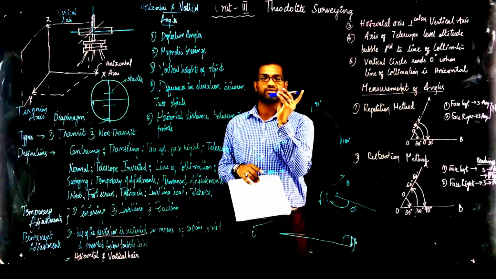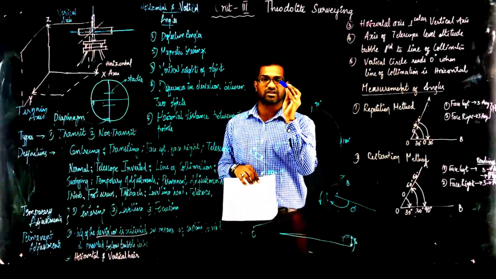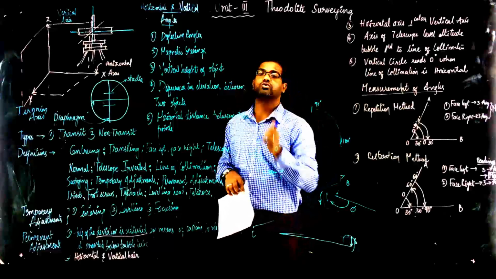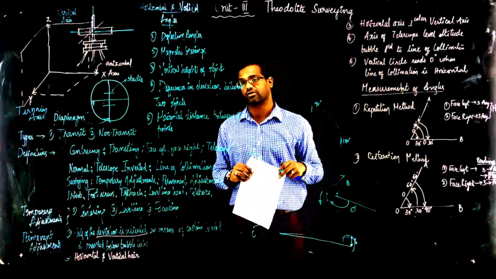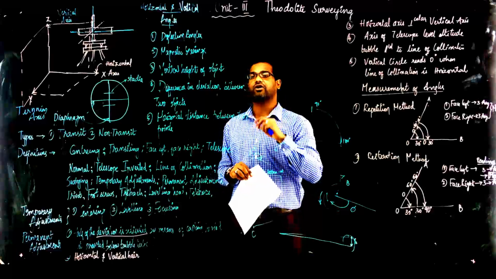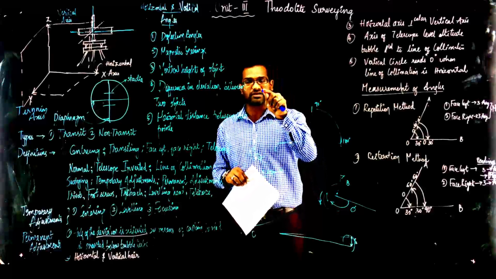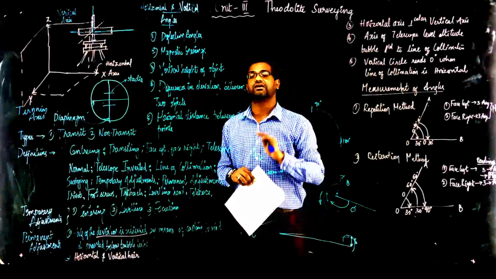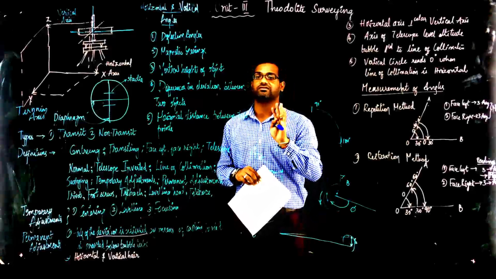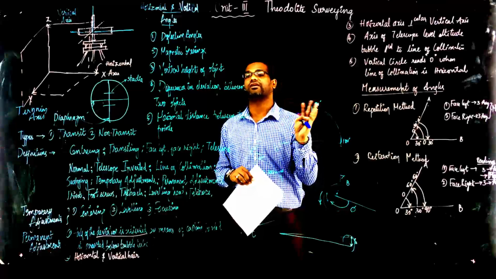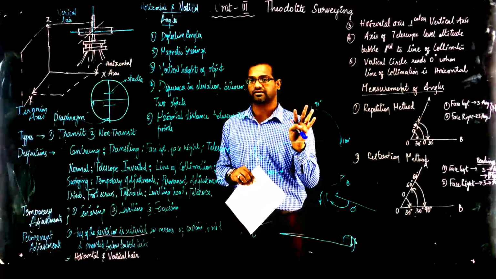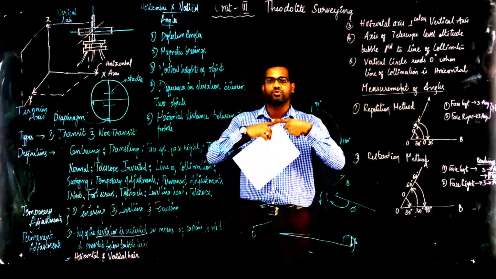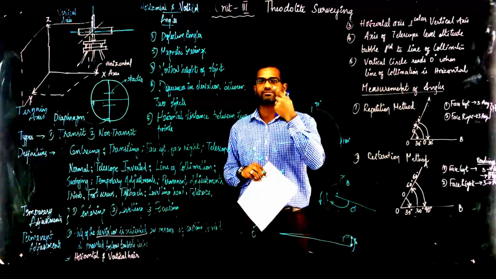So if this is the eyepiece, then you have the objective glass. Stadia reading center and the objective glass and its continuation is called the line of collimation. If the line of collimation merges with the trunnion axis, then that instrument is not having any errors in it. And if you happen to have errors, then these two are not matching. That we will discuss in permanent adjustment.